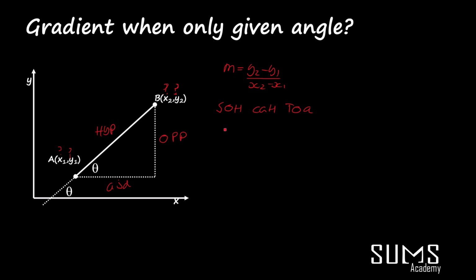So the opposite is equal to y2 minus y1, and we've also got information about the adjacent, which equals x2 minus x1. So we've got information about the opposite and the adjacent.